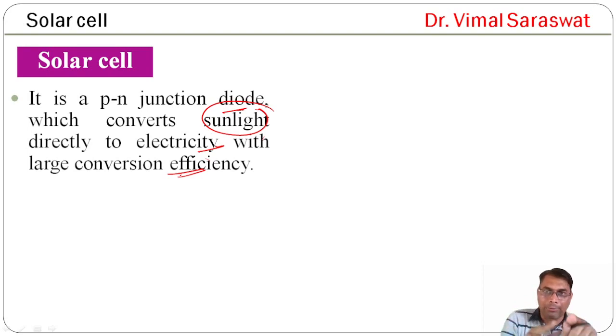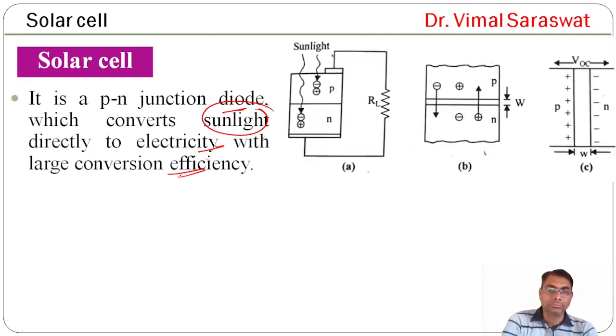So a solar cell converts the sunlight directly to electricity and its conversion efficiency is very high. This is our solar cell. Sunlight falls on this solar cell.